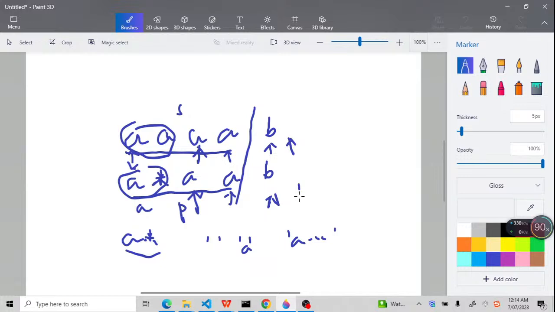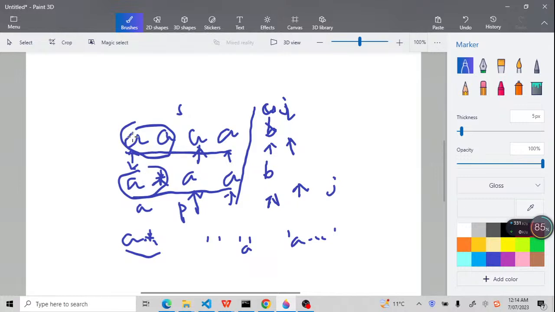The index for S is I, and for the pattern it is J. If I and J go out of the string, we can safely return true. Otherwise, if this character is A, and A is not equal to B, we can return false, because they are not equal at the end.